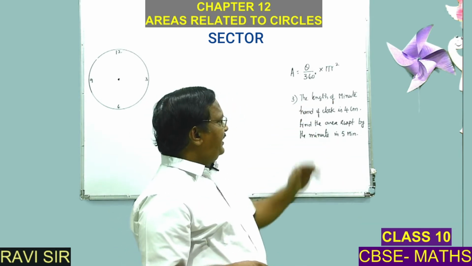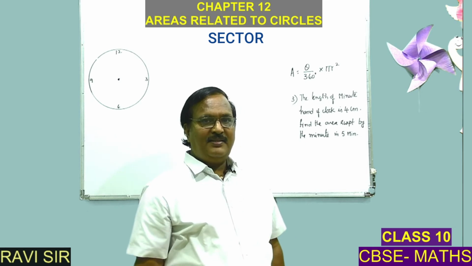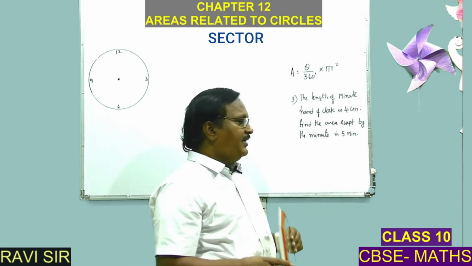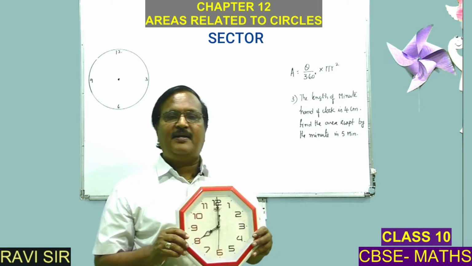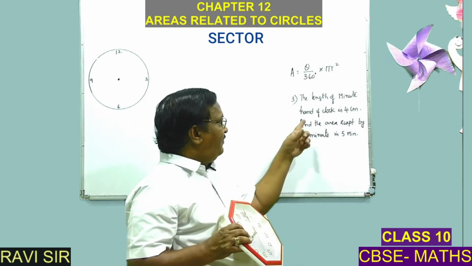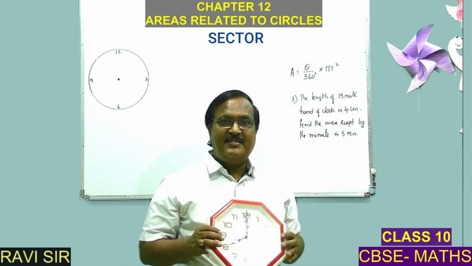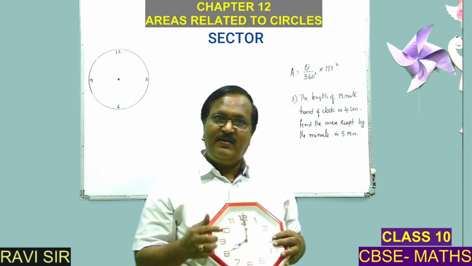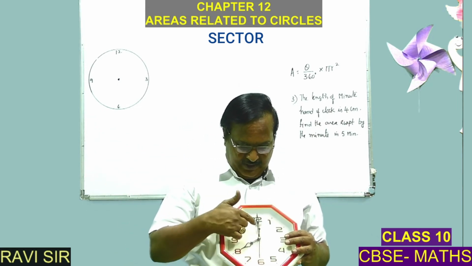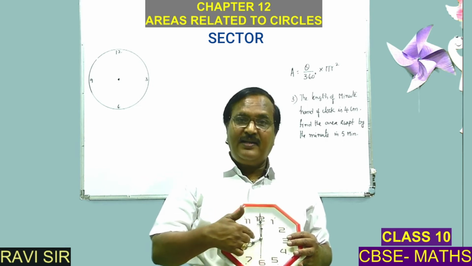The length of the minute hand is 4 centimeters. Find the area swept by the minute hand in 5 minutes. So if you look at the clock, you will have 3 hands. Very, very important, minute hand is given. Sometimes you will be getting second hand also. Seconds needle, minutes needle and hours needle.